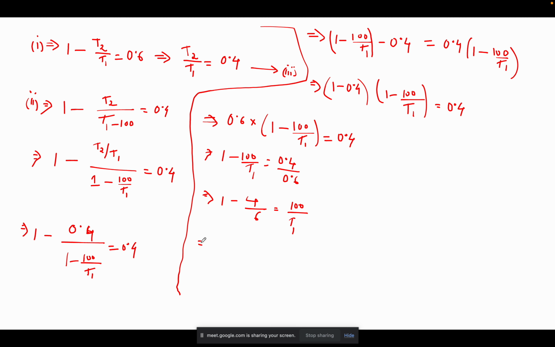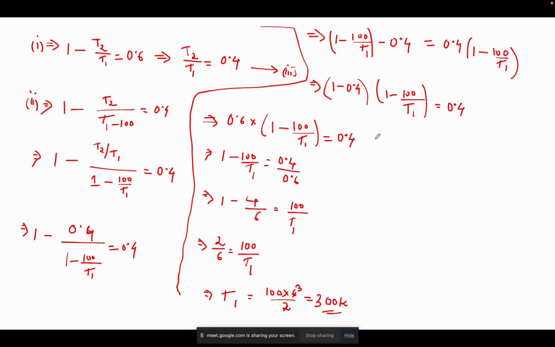This will be basically 2 by 6 is equal to 100 by T1, and then T1 is equal to 100 into 6 divided by 2, that is 300 Kelvin. So this is my source temperature.